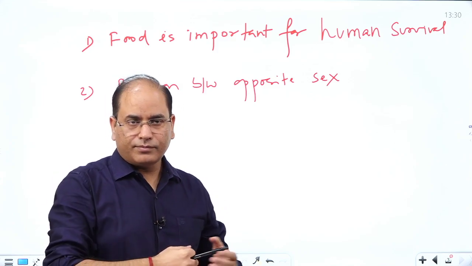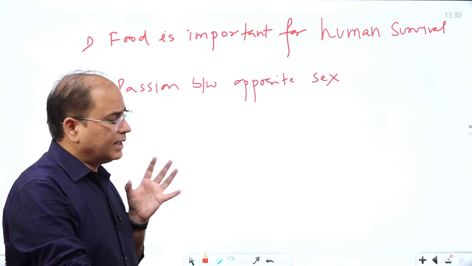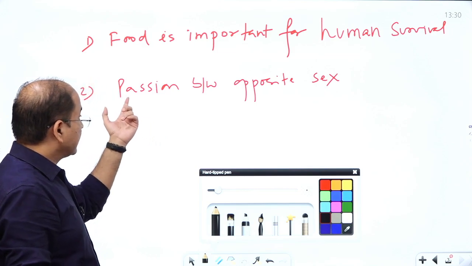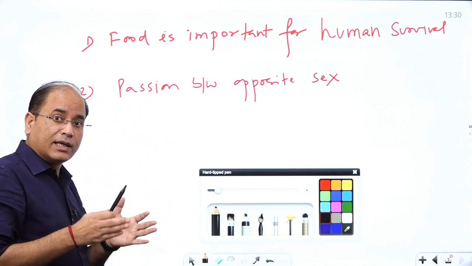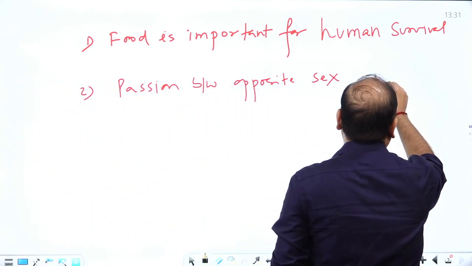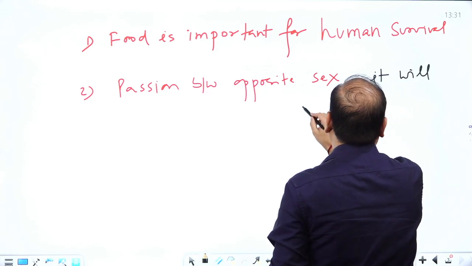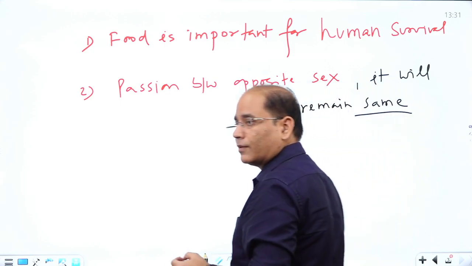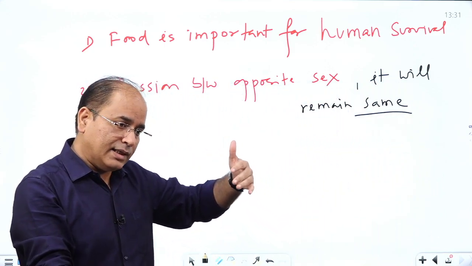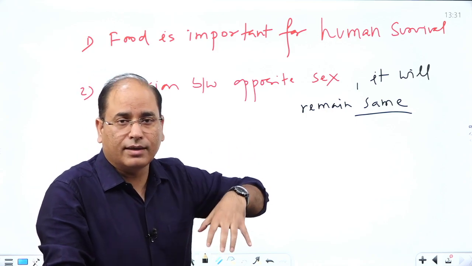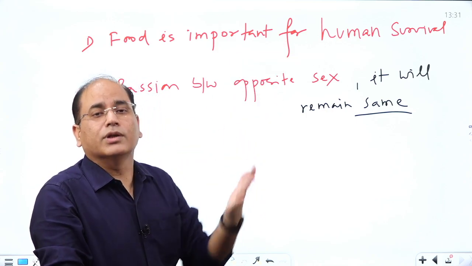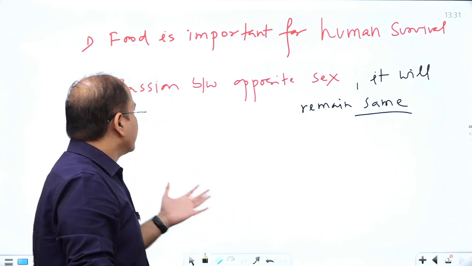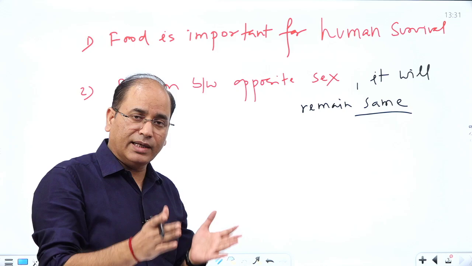In fact, within this premise, what he suggested is that the people are very much attracted, and that the passion between opposite sexes existed and it will remain the same. So that is also an important thing. He is suggesting that whatever is existing today will also remain the same in the future. So whatever is happening, whatever is existing today will also remain in the future. So passion between opposite sexes will remain the same.